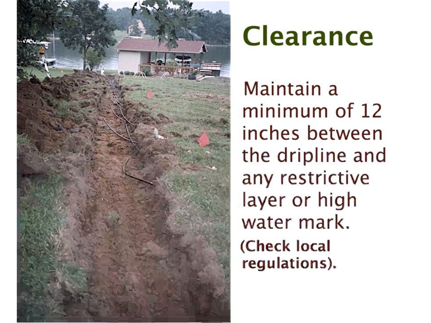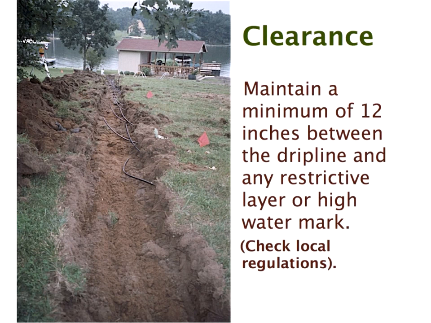You want a minimum of 12 inches between the drip line and any restrictive layer. Now your regulations might require more. If it's dead flat, that might not be enough. If it's got a small slope, you have to look where that water is going to go. The water has to go somewhere. If you're in Arizona, you've got one set of problems. If you're in the northern parts of the country, you have a different situation in terms of where that water is going to go, particularly in the winter time.